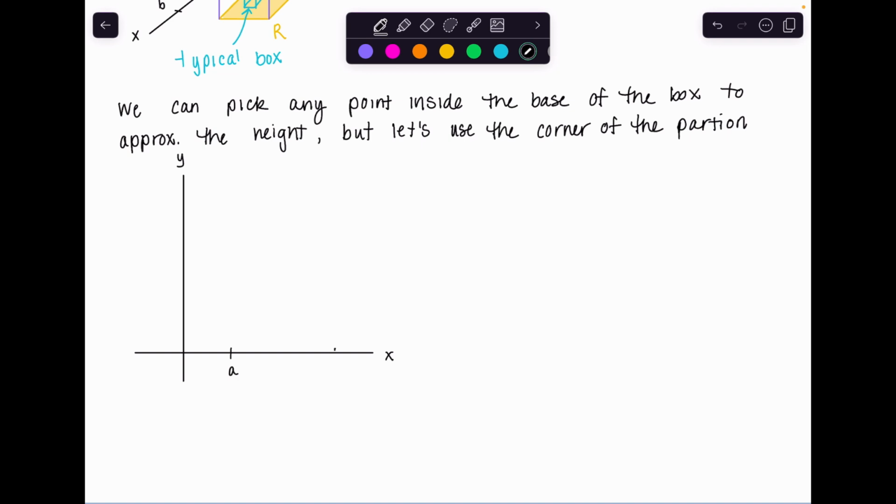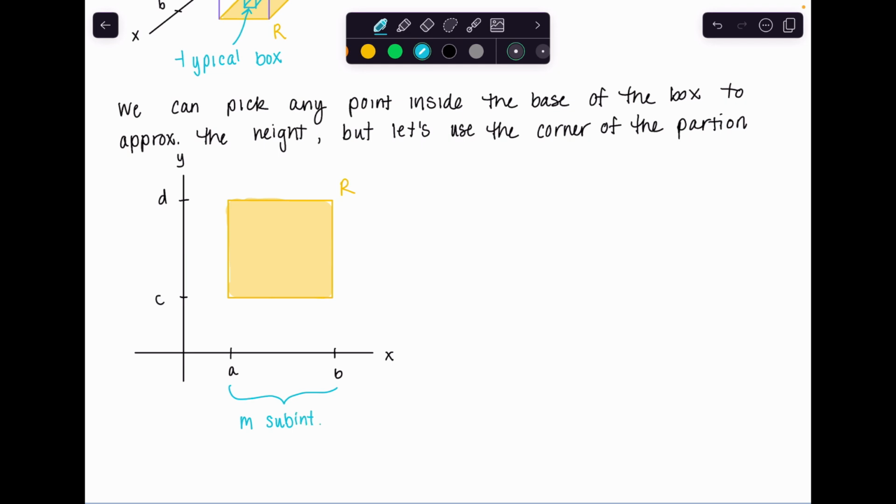Our X is varying from A to B. The Y is varying from C to D. And this creates my rectangular region R. So in my X direction, I'm breaking this into M subintervals.